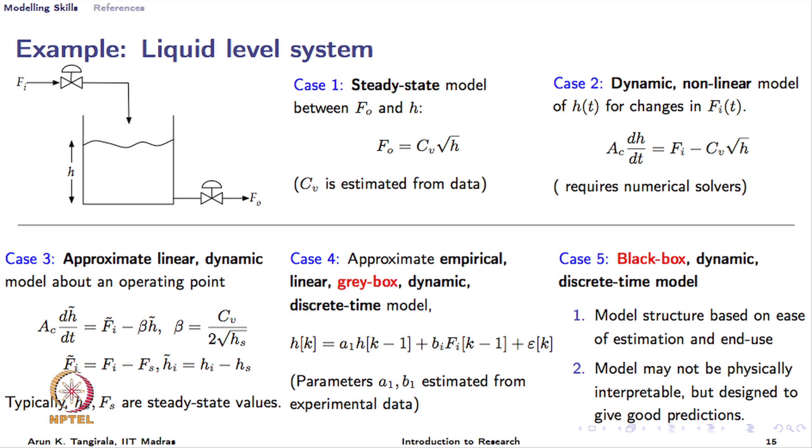So, this hopefully gives you a feel of the different kinds of models that one can develop for a process, and as you have seen here, the nature of the model that you develop depends on what you want to know, what kind of rigor you are looking for, and what kind of knowledge you have with you. In an empirical approach, you have data and minimal process knowledge.